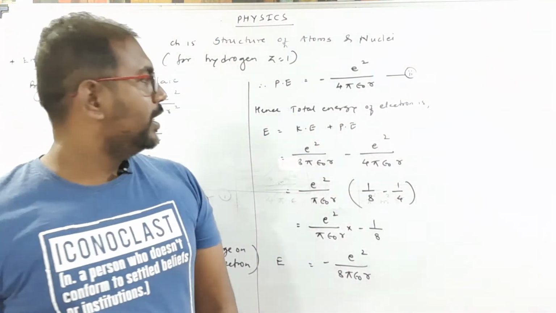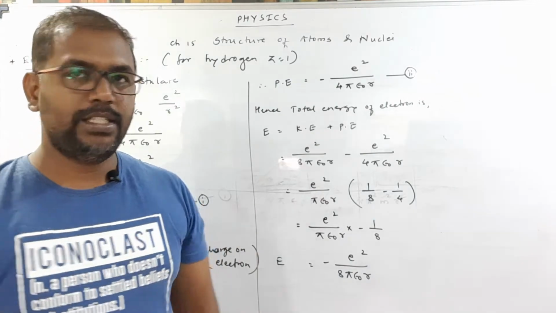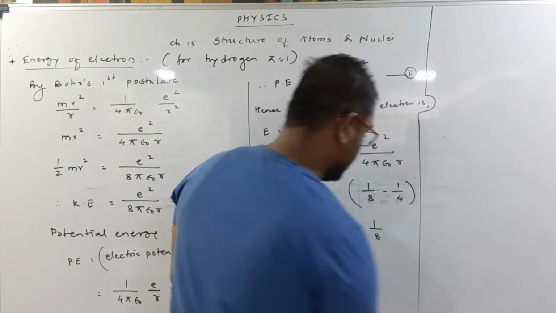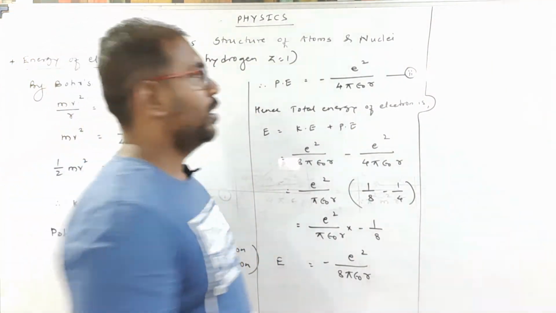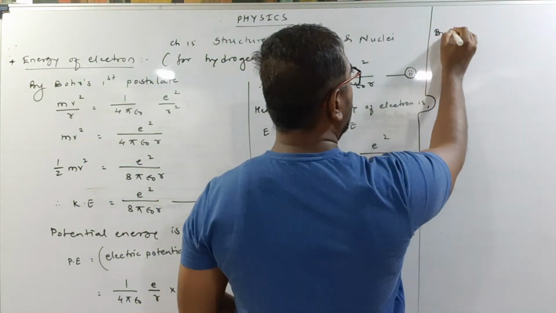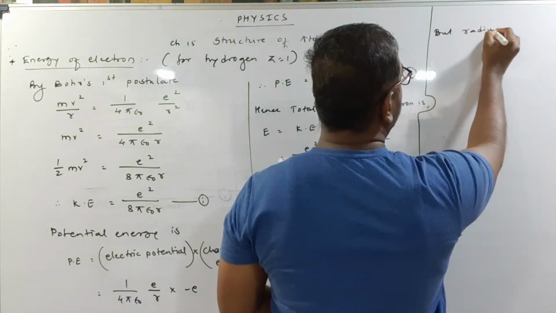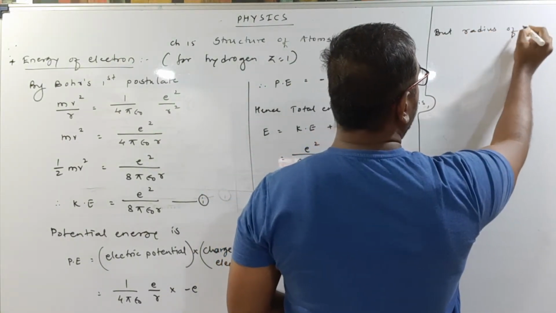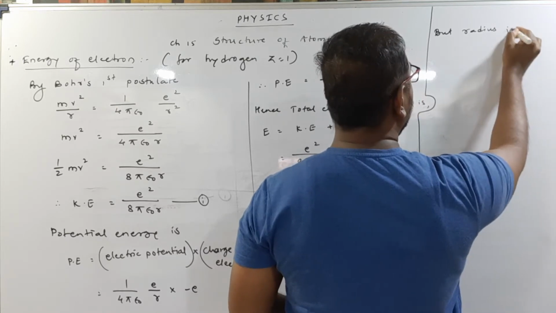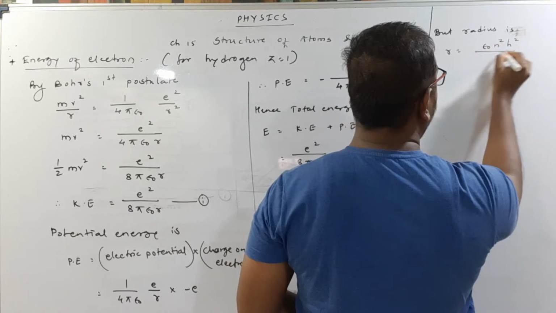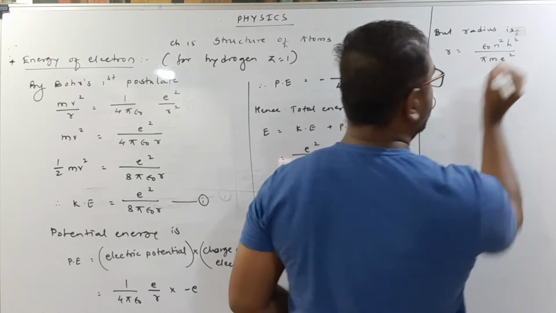Now in this total energy we have to substitute the radius of Bohr's orbit, which we already obtained in the previous topic. The radius of Bohr's orbit is r equal to epsilon 0 n square h square divided by pi m e square.